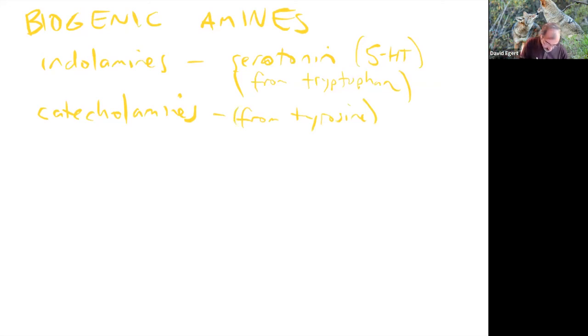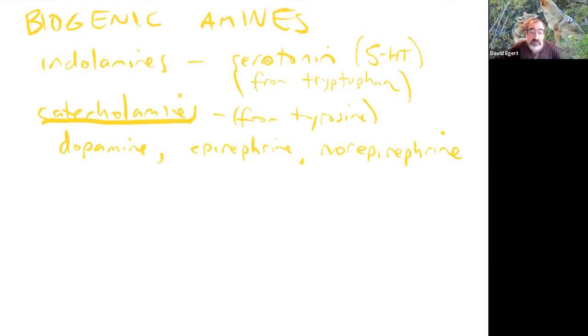This includes things like dopamine and epinephrine and norepinephrine. So catecholamines, these are the ones that are more energetic, so to speak. Epinephrine, another word for epinephrine is adrenaline.